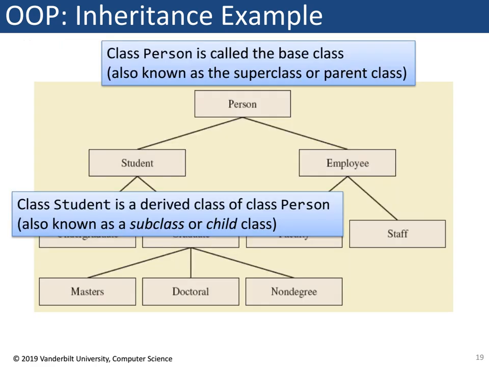So Person is called the base class or the superclass, sometimes called a parent class, but typically in Java you'll see it referred to as either base class or superclass. Person is the superclass, while Student is the subclass or the derived class, because it is derived from the Person superclass.